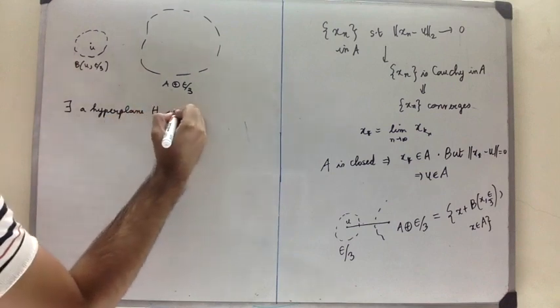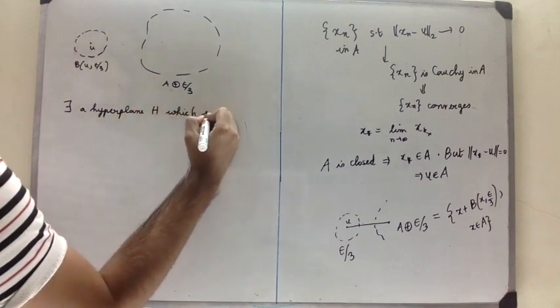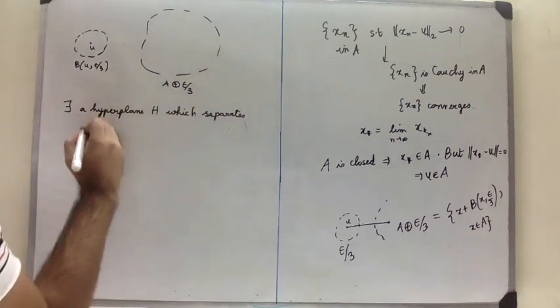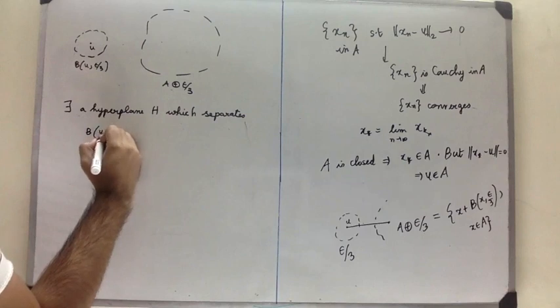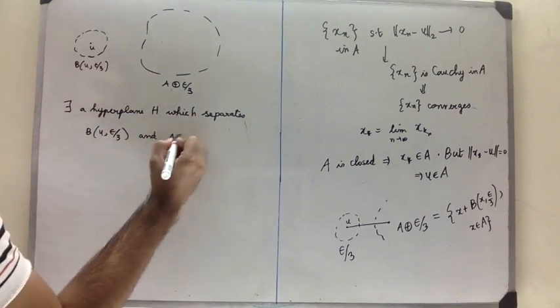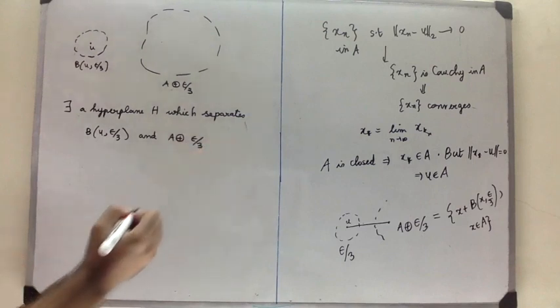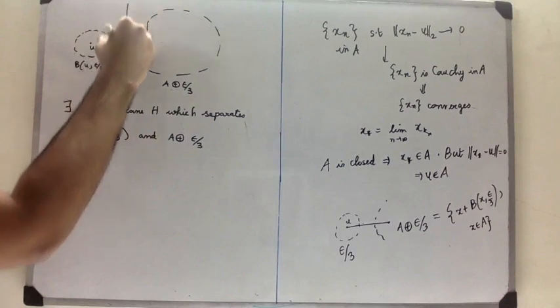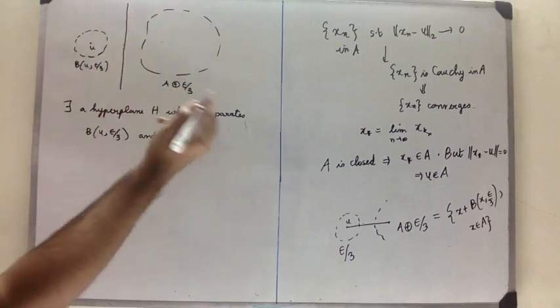H which separates these two open sets. Separating two open sets means that they are strictly separated.